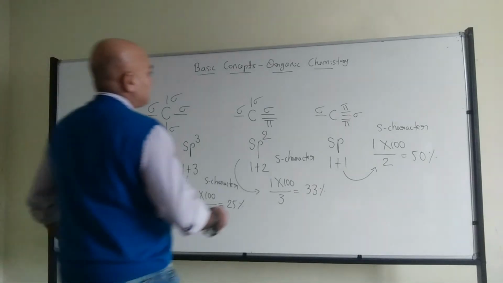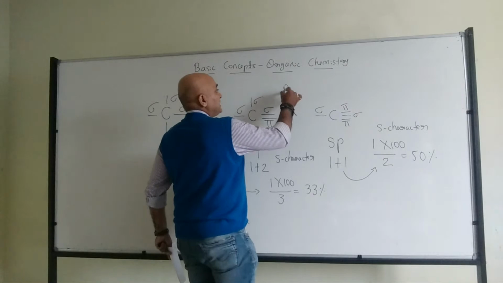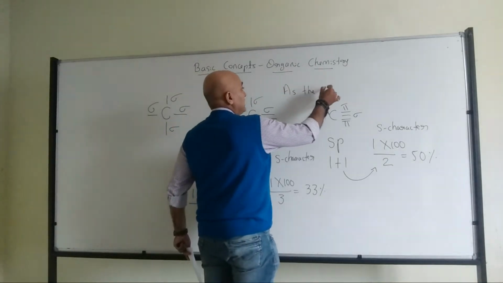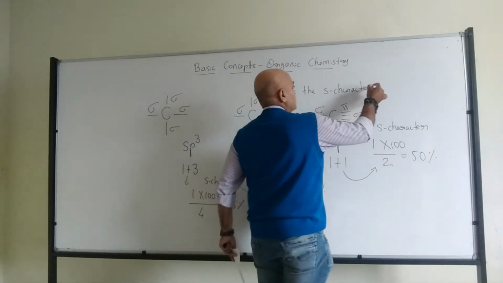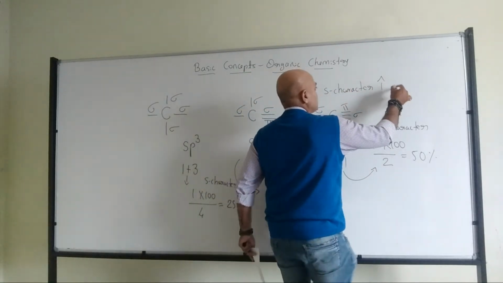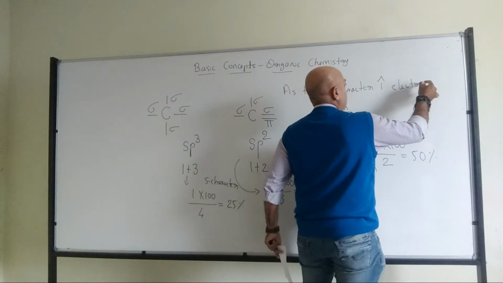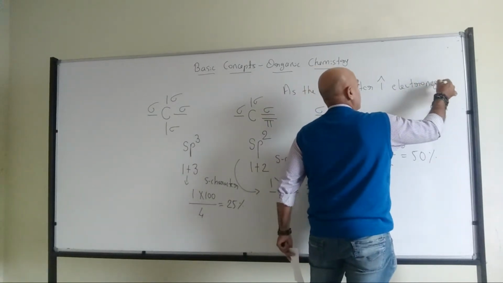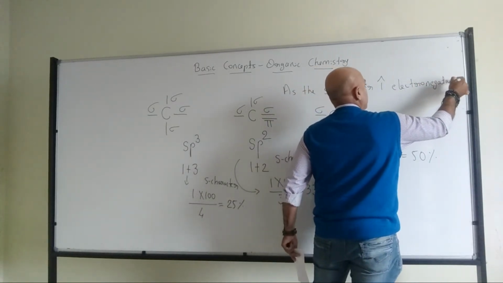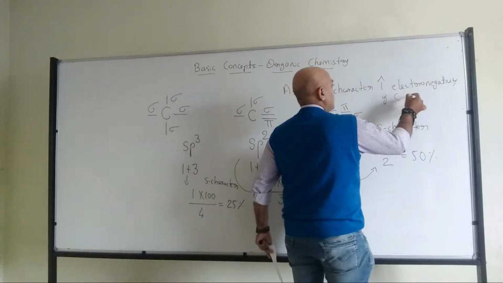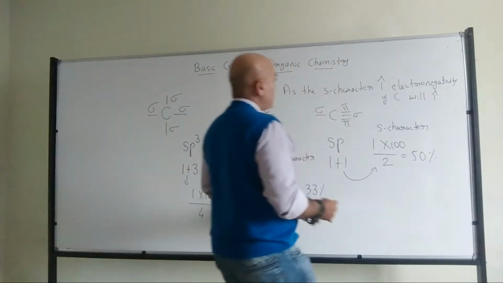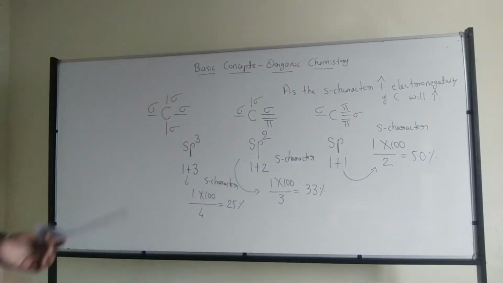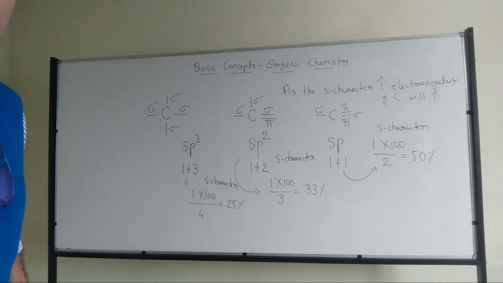Now we can tell that as the s character increases, the electronegativity of carbon will increase. Remember this. As the s character increases, the electronegativity of carbon will also increase.